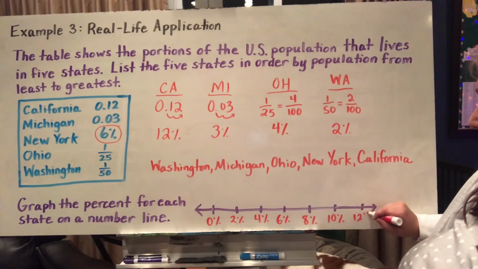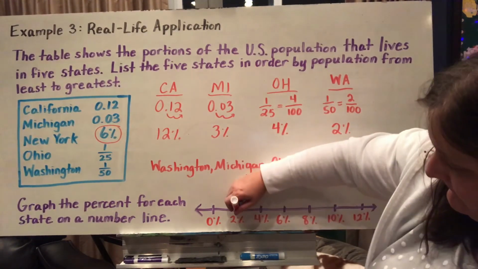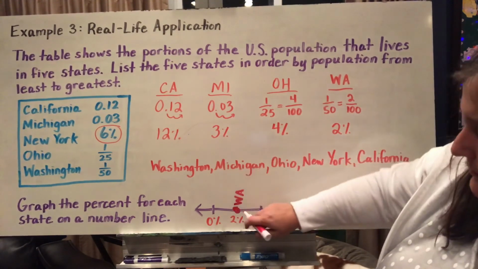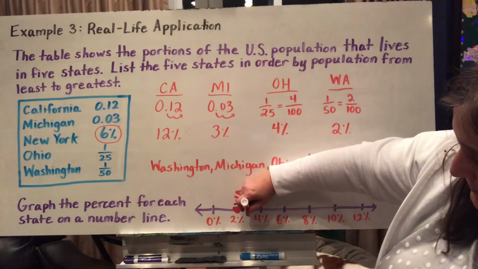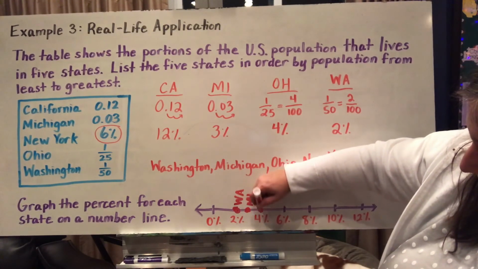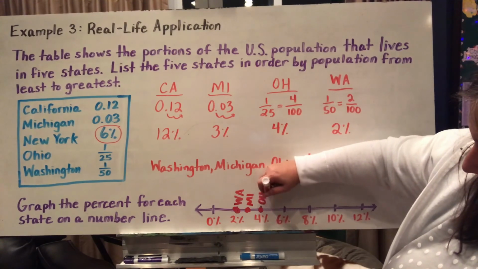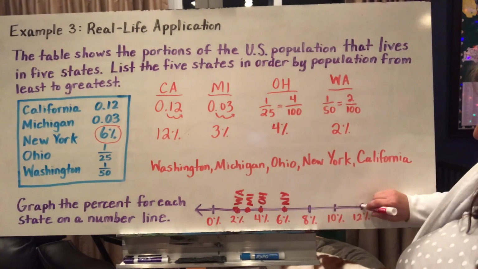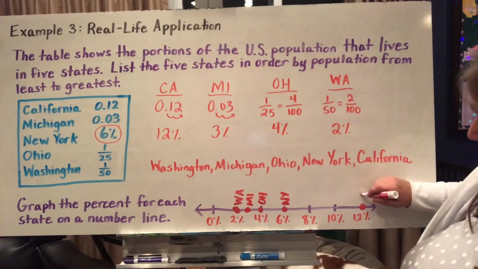So at 2%, I had Washington. Then right between 2 and 4%, at 3% would go Michigan. At 4%, I've got Ohio. At 6%, New York. And at 12%, California.